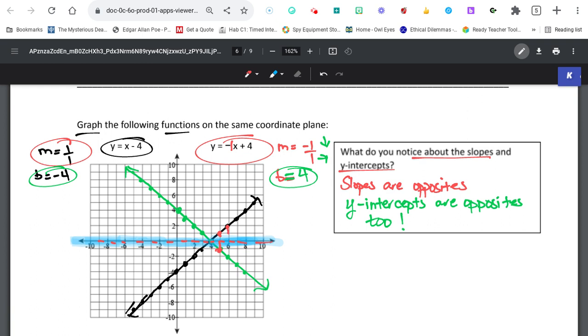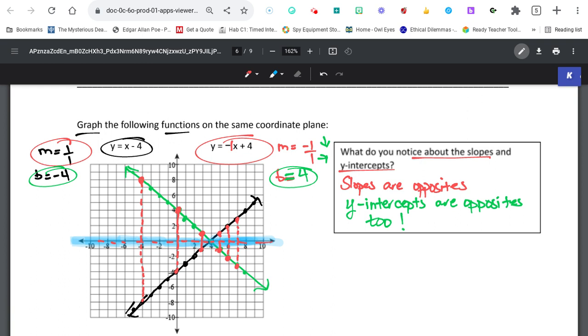This point will flip over the x-axis and become that point. Or if I go here to this part of the black line, fold it across the x-axis, it will become that point. Or here, fold it across the x-axis, it will become that point.